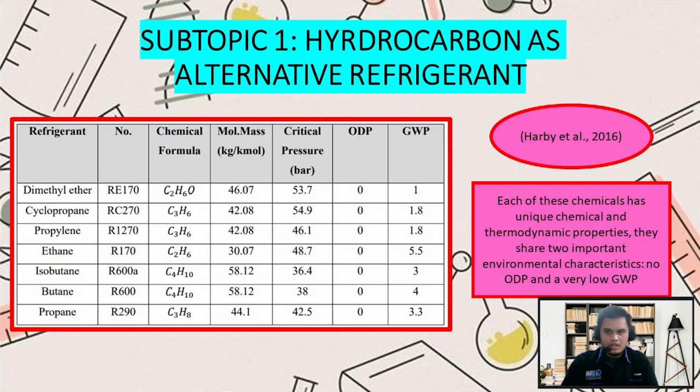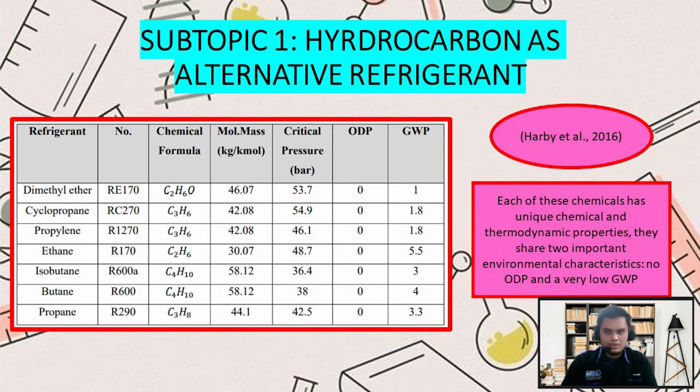So subtopic number 1, hydrocarbon as alternative refrigerant. The research by Harvey et al., 2016, says that each of these chemicals has unique chemical and thermodynamic properties.